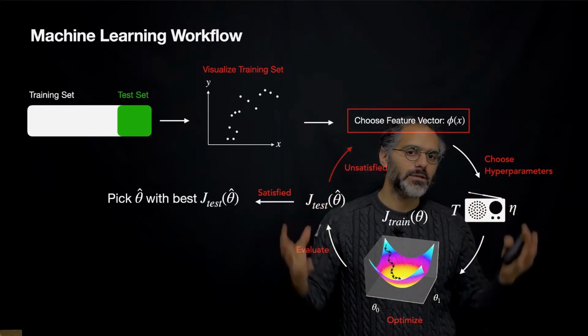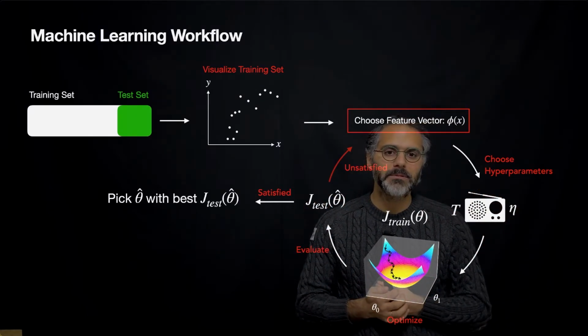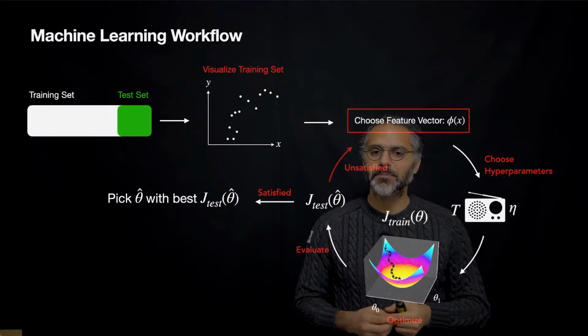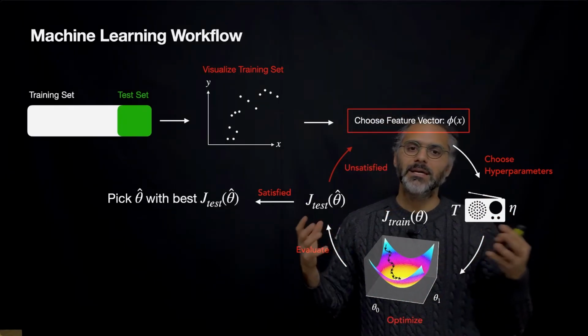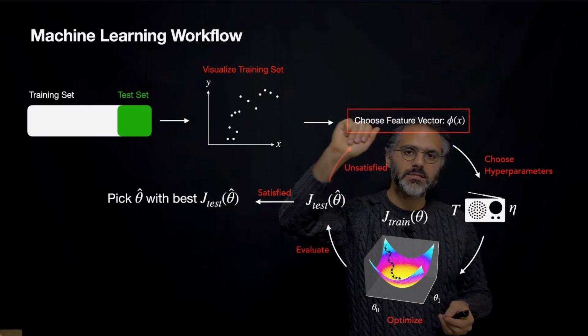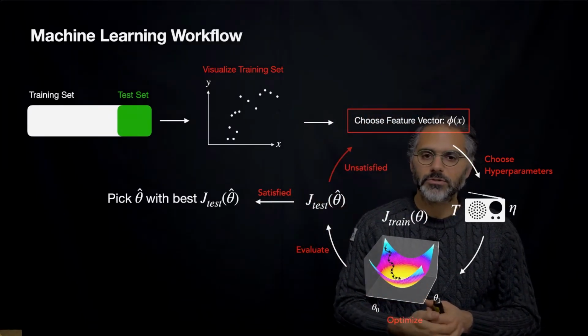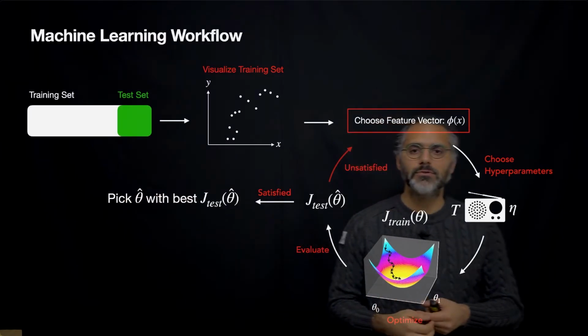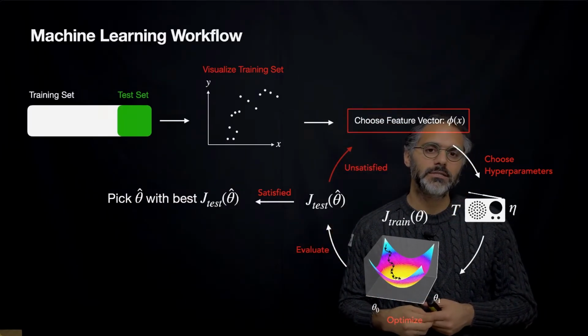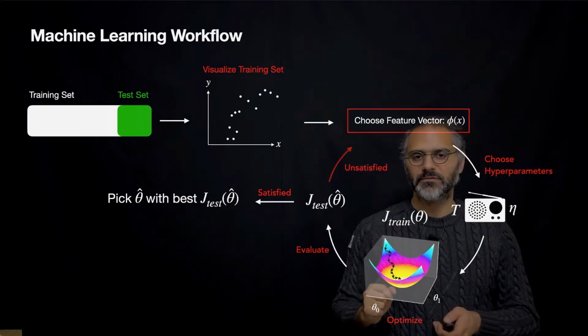This is called hyperparameter optimization, when you're changing these hyperparameters. But in any case, you're always starting with a phi. You predict JTest based on the training set, and this is how you make sure it's going to generalize. You cannot use JTrain to evaluate your model.